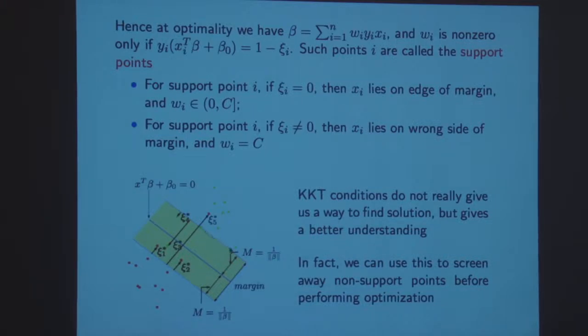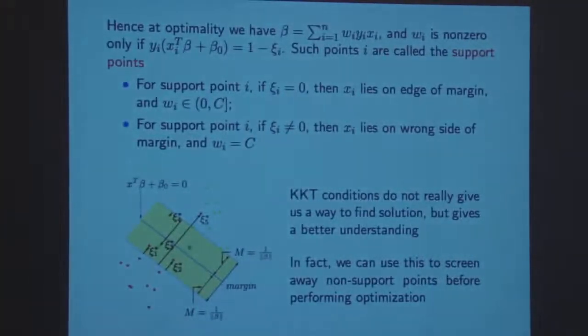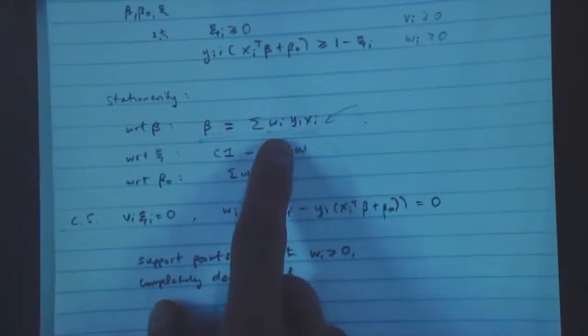They are support points for which psi_i is equal to 0. Then the weight they contribute in the overall determination of the margin can be anywhere between 0 and c. But if I have a support point that lies on the wrong side of the margin, like any of these points, for example, then they have maximal weight. They contribute exactly c in the formulation of the primal solution.